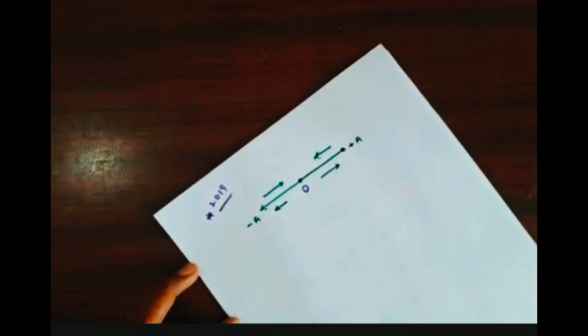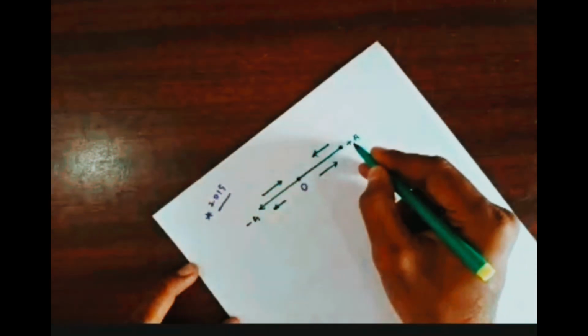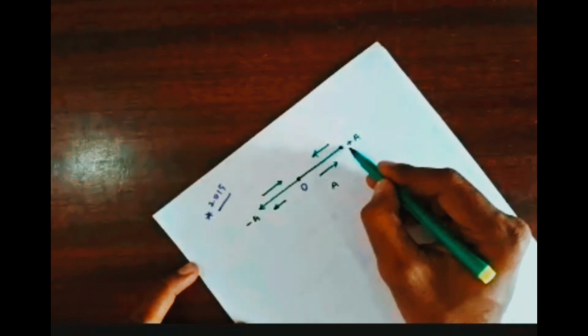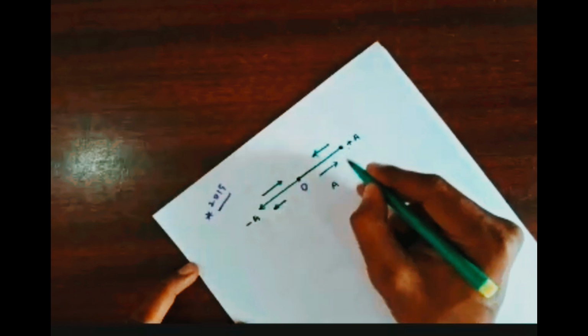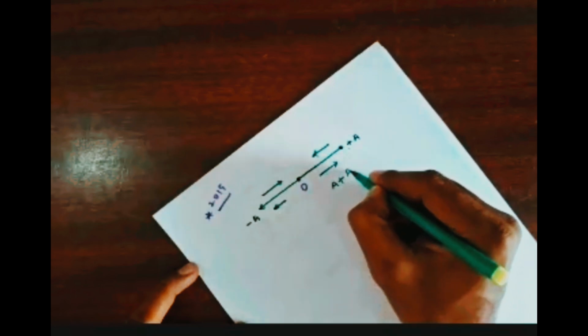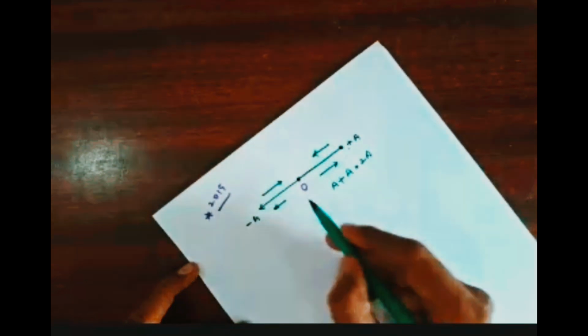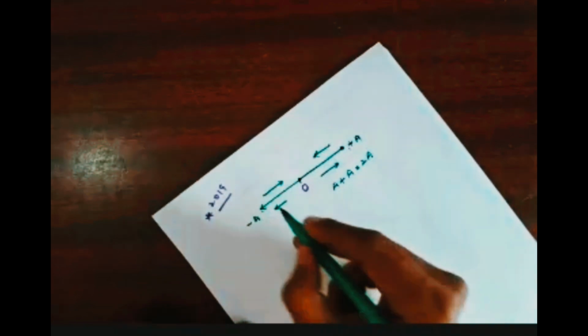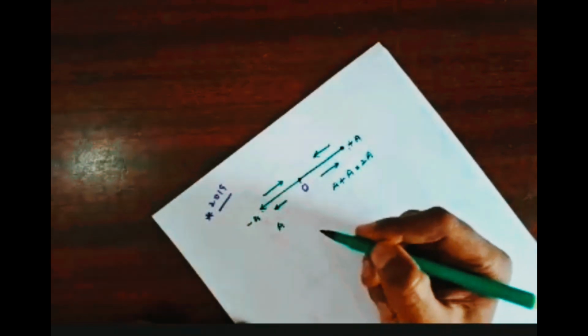From mean position to extreme position, one end, plus A. What is the total distance traveled? A. From extreme position to the mean position again, the same distance traveled, A plus A, that is 2A. And again from mean position to the other extreme position, what is the distance? A again.